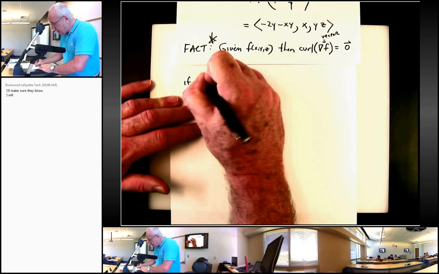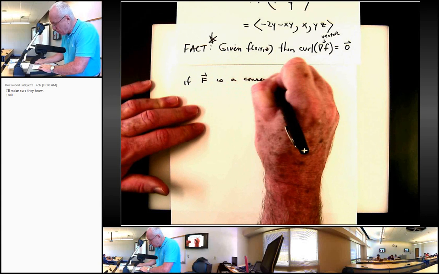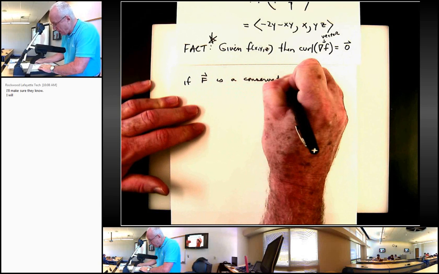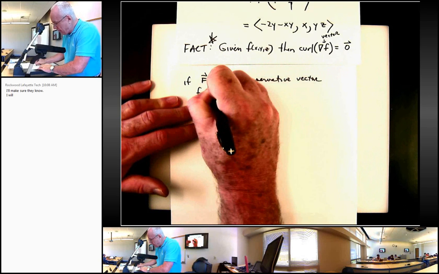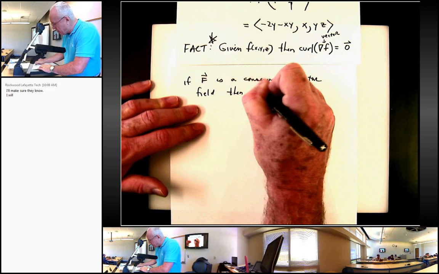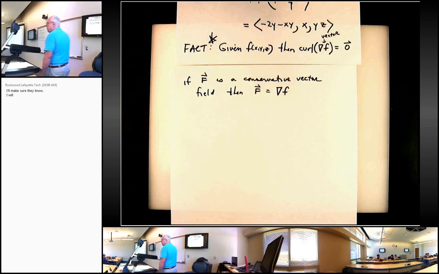If capital F is a conservative vector field, then that means that capital F is equal to the gradient of some small f function.